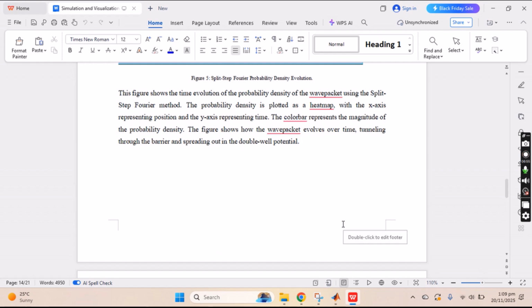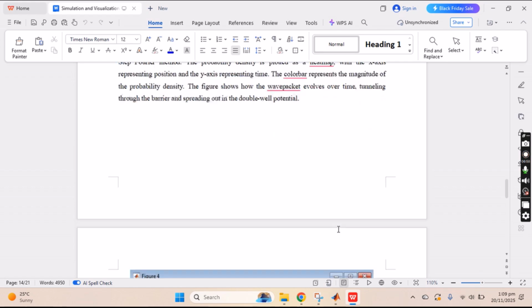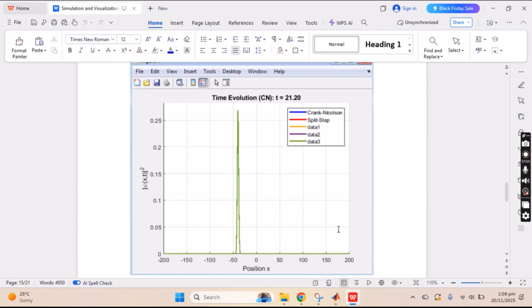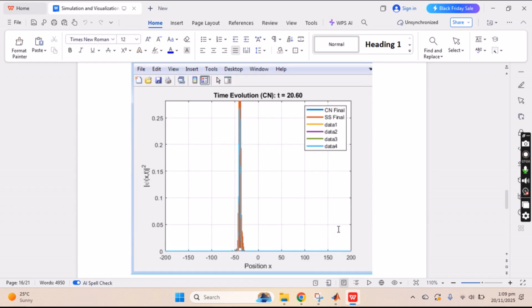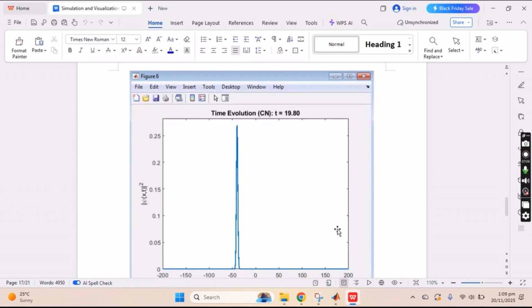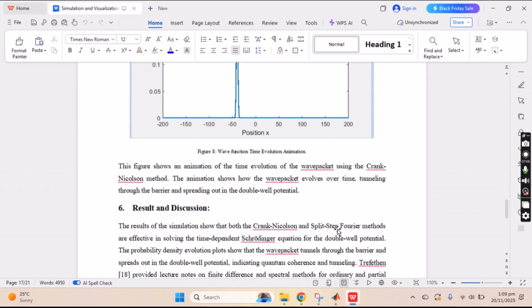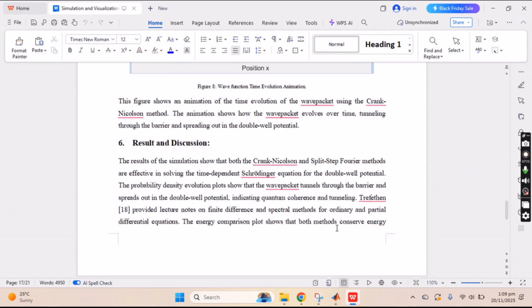Wavepacket using the split-step Fourier transform, heat map, as well as its energy comparison graph, its time evolution with different time scales, and the wavepacket using the Crank-Nicolson method.